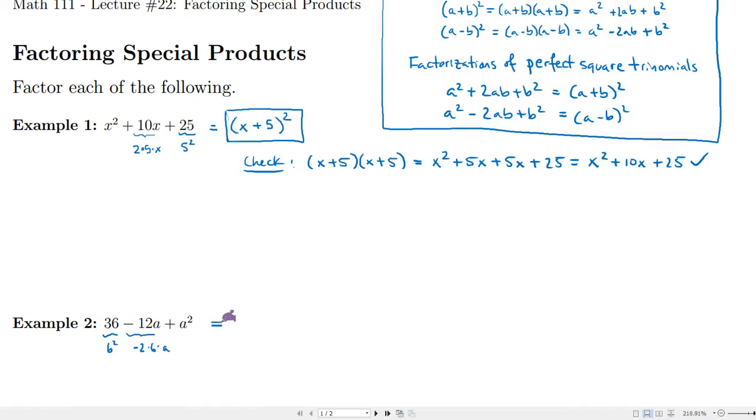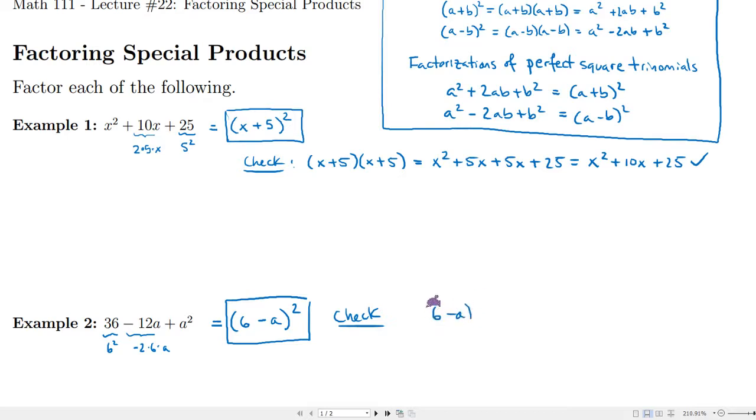So what would the factorization be according to this? Well, the a for this is actually our 6, right? And what's our b? Our b is the a here. So this is 6 minus a squared. And you can check this really quick.